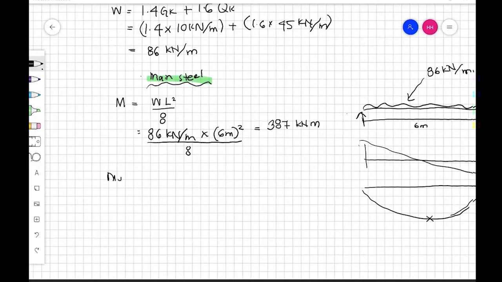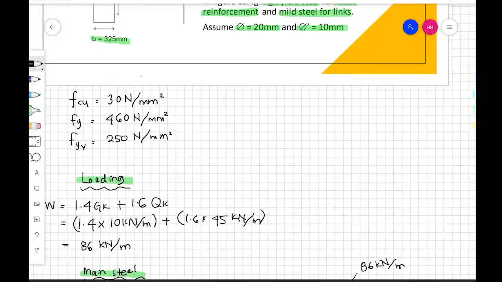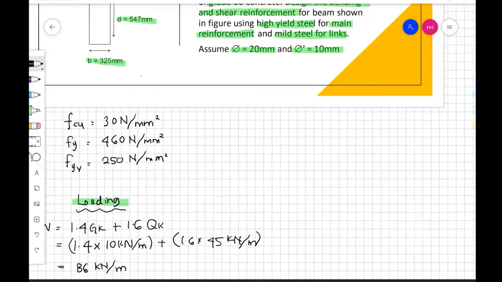MU is equal to 0.156 FCU BD square. Okay, masukkan your formula. Value of FCU is, kita dah tahu grade 30, kita dah tulis dah kat sini, kita dah take note.